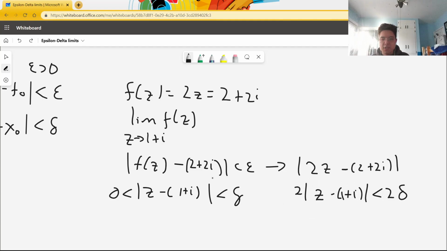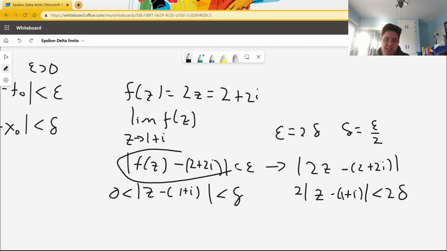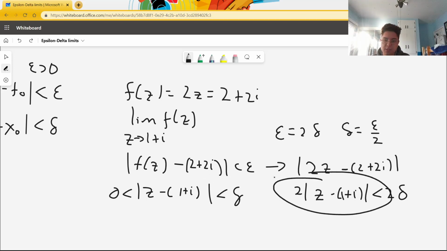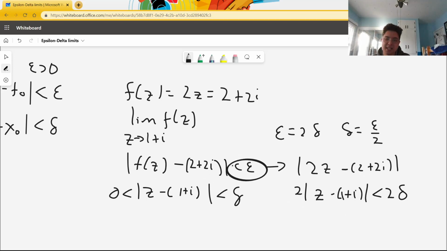We also know that it needs to be less than epsilon, so if we set epsilon equals 2 delta, or delta equals epsilon over 2, then because 2 times |z minus (1 plus i)| is always less than 2 delta, this thing, which is exactly equal to this thing, will always be less than epsilon as long as delta equals epsilon over 2.